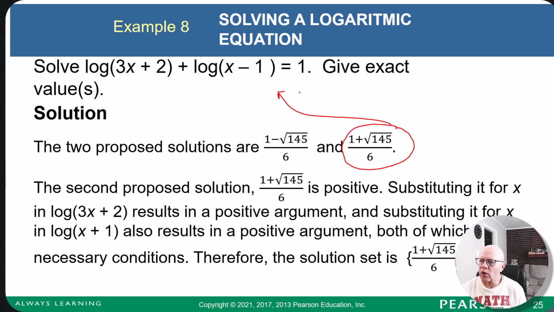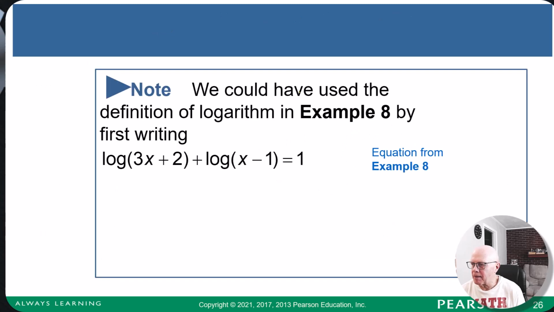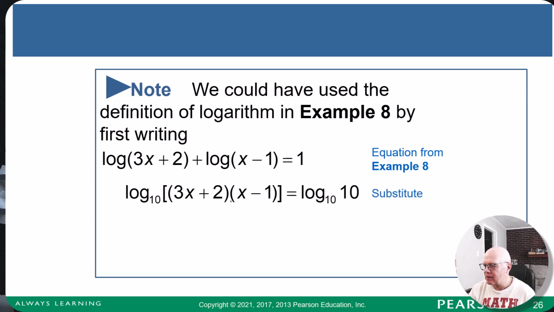If you need a quick way to check that, check with me, but I think I mentioned it already, but I don't mind answering again. So another way we could have done this is we could have changed it like this, making the right-hand side into a logarithm, because 1 is the power of 10 that will give you 10.